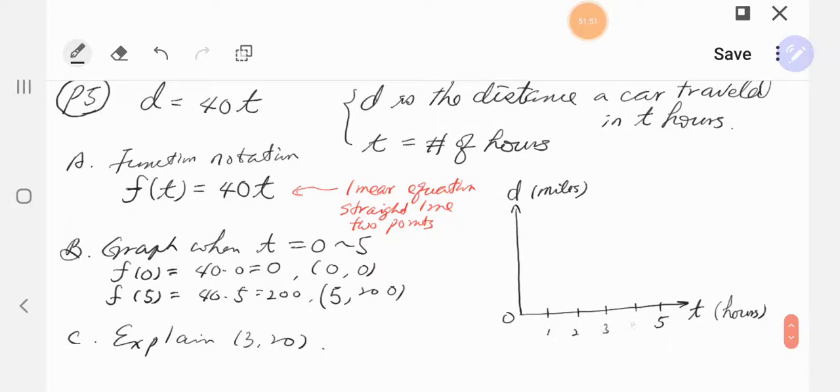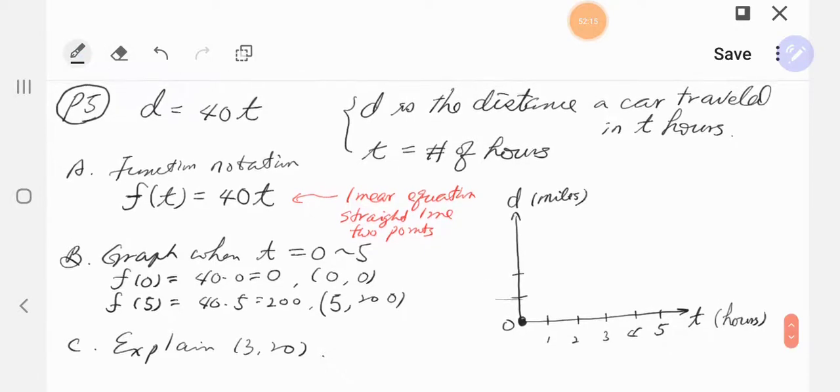When t is 0, d is 0. And when t is 5, the distance d is 200. Let's use a scale starting from 50: 50, 100, 150, 200, and so on.